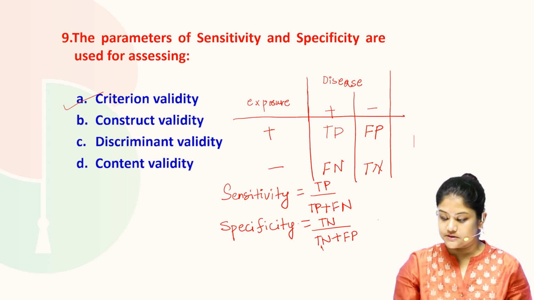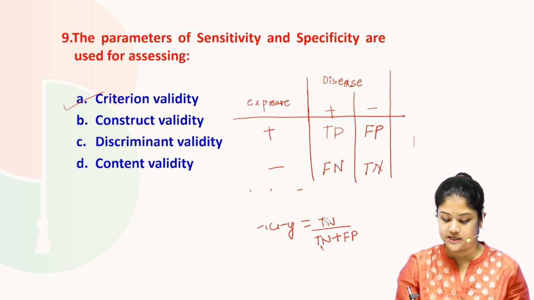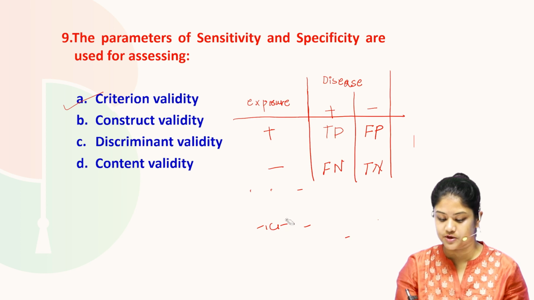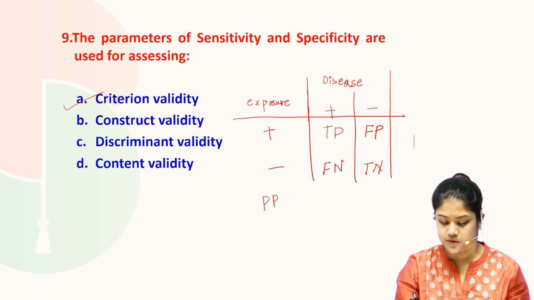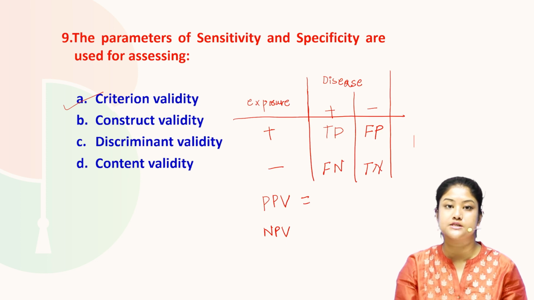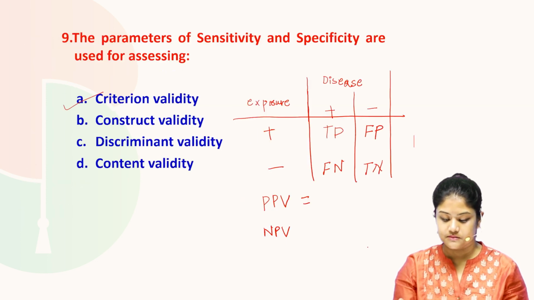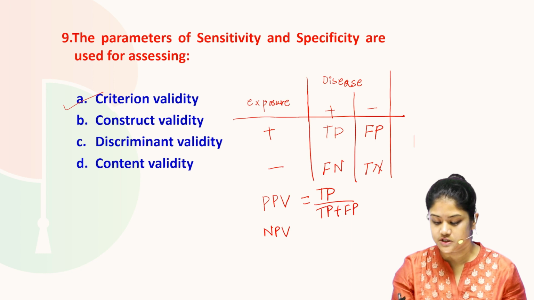Okay, so now I would like to tell you about another probable question that may be asked: we may be asked to find out positive predictive value and negative predictive value. To find out positive predictive value from the same table, the formula is true positive by true positive plus false positive.